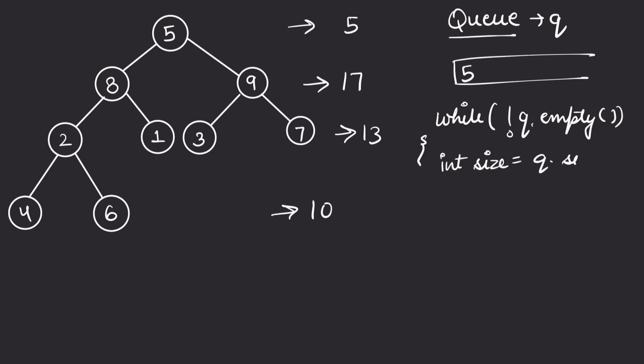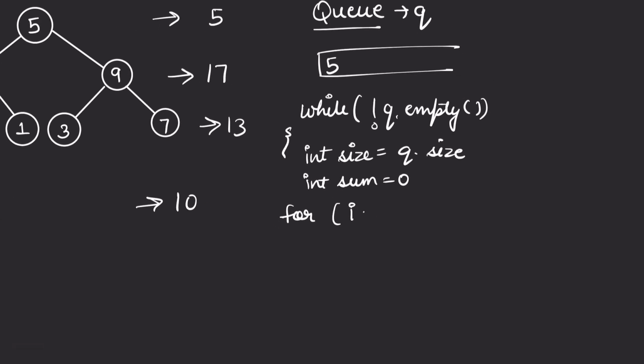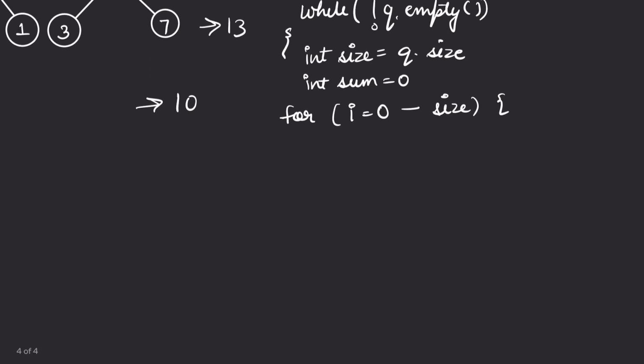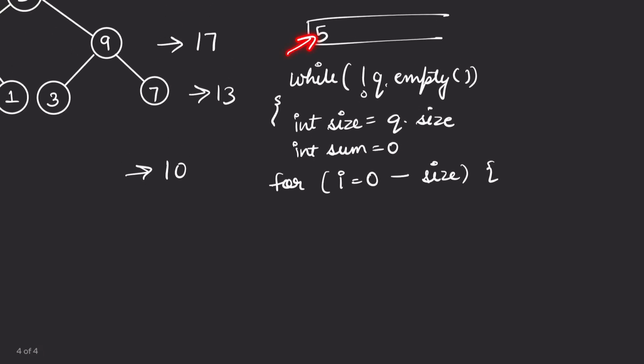Whatever is the size of our queue, we store in size, right? Then since we need to find the sum of all the nodes, we'll take a variable sum also, right? Then we'll run a for loop from i equals 0 till the size of my queue, right? And at every point it will take out the first node from my queue.